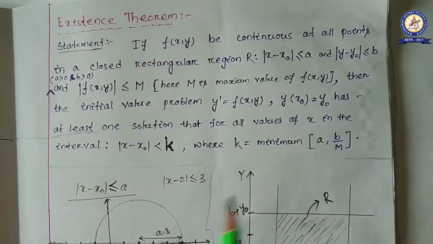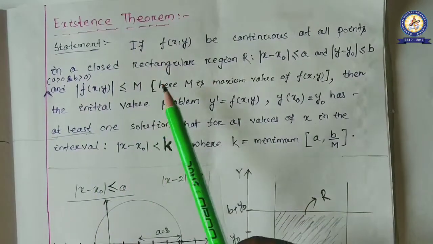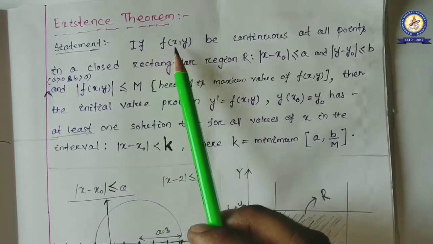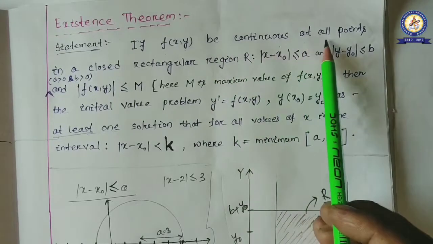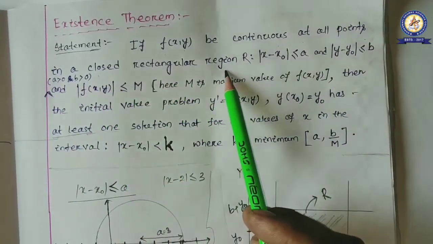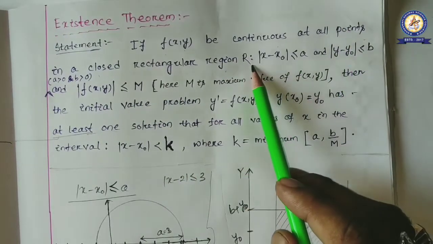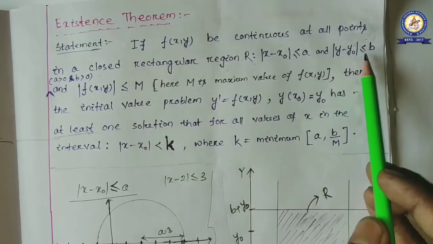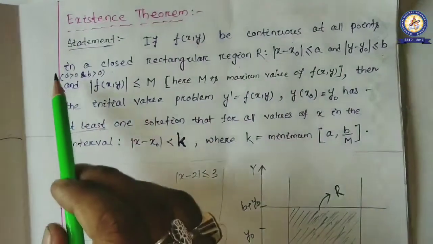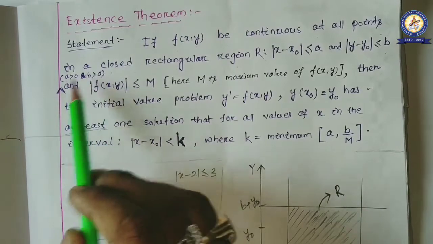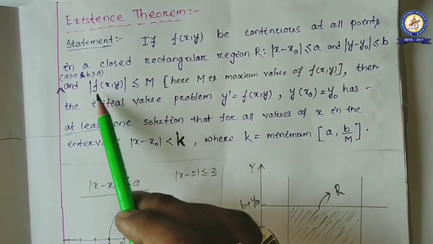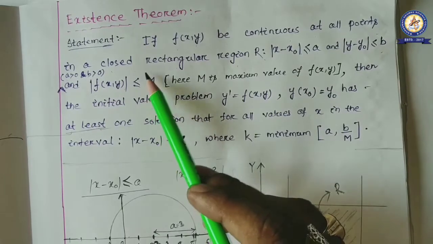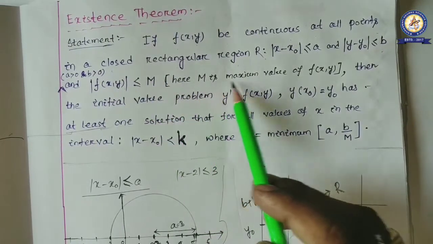So here I am reading the statement of this theorem: if f(x,y), the function of both x and y, is continuous at all points in a closed rectangular region R, which is defined as mod of x minus x0 less than or equal to a and mod of y minus y0 less than or equal to b, where a and b are both positive, greater than 0, and mod of f(x,y) is less than or equal to a value m. Here m is the maximum value of f(x,y).